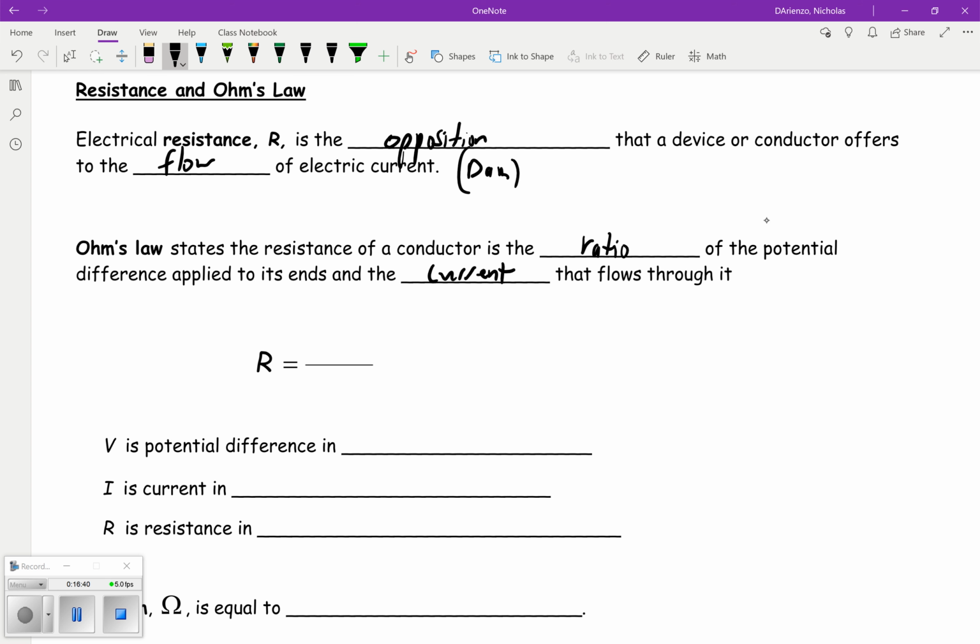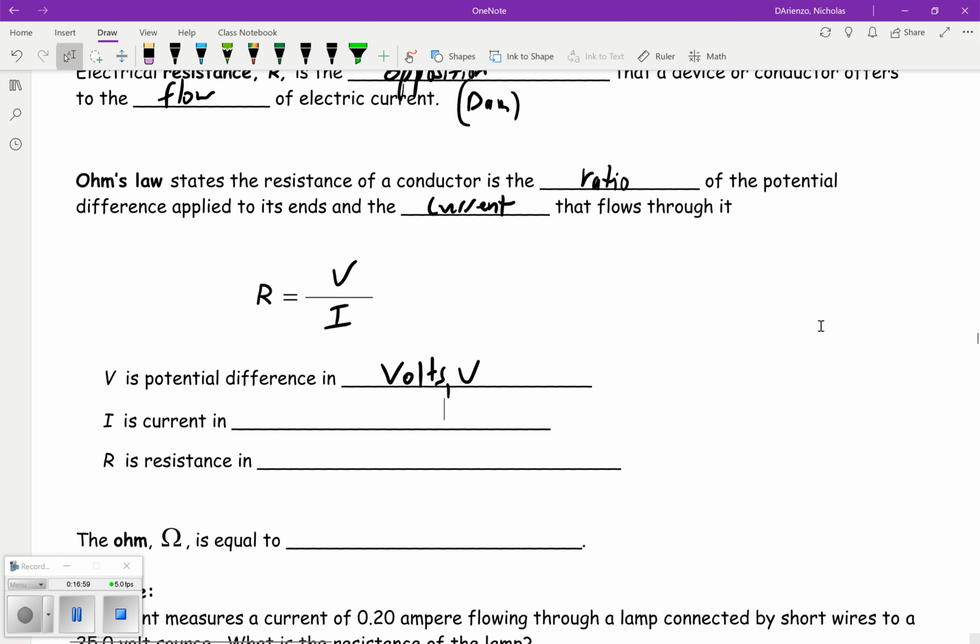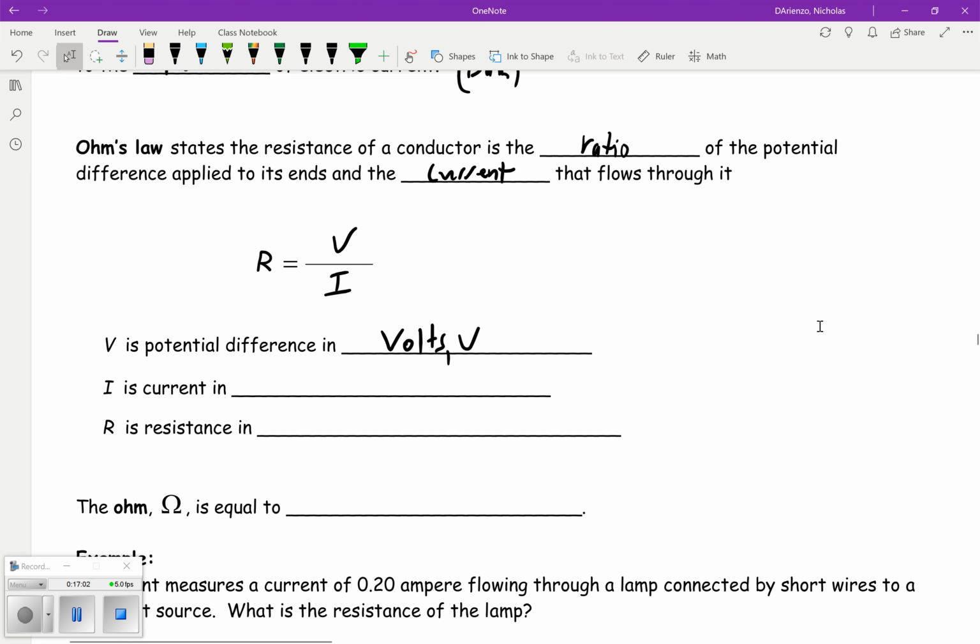And Ohm's law, given to us in the reference table, is potential difference over current, V over I. So we measure potential difference in volts, or capital V. I is current, measured in amperes, or capital A. And R is resistance that we measure in what we call an ohm.